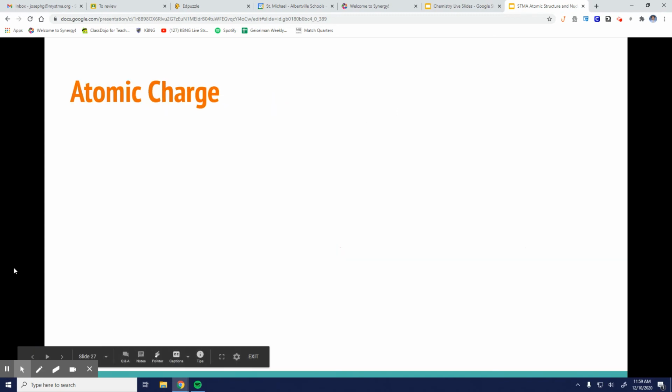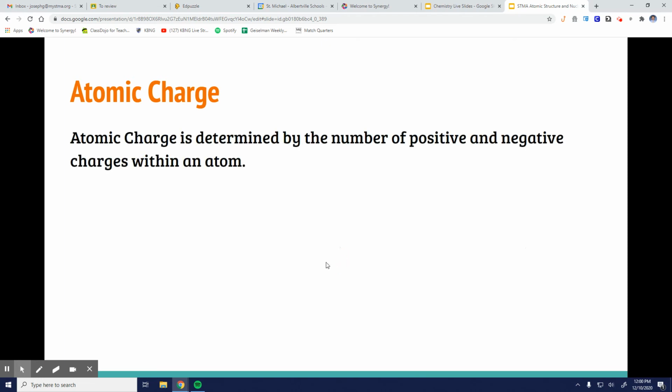So we've already talked about atomic charge a little bit, because we talked about atoms on the periodic table being neutral, meaning they had the same amount of positive and negative charges. Well, what happens when those aren't the same? An atomic charge is determined by the number of positive and negative charges within the atom. So one proton equals one positive charge, and one electron equals one negative charge.